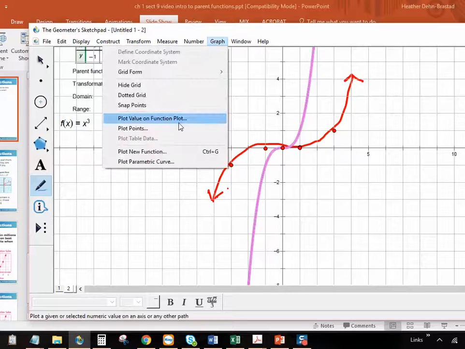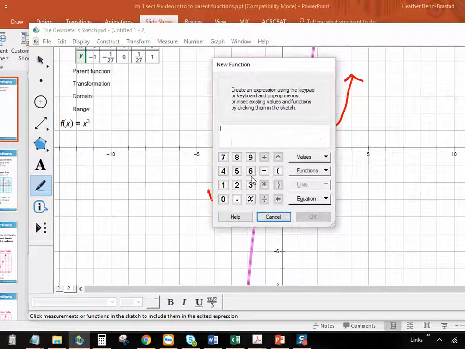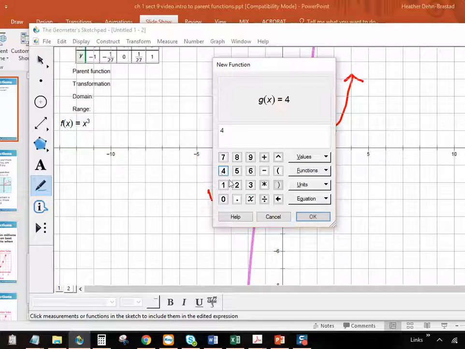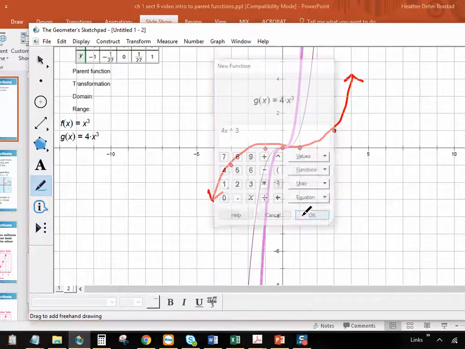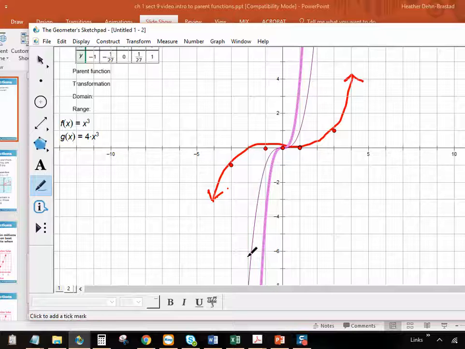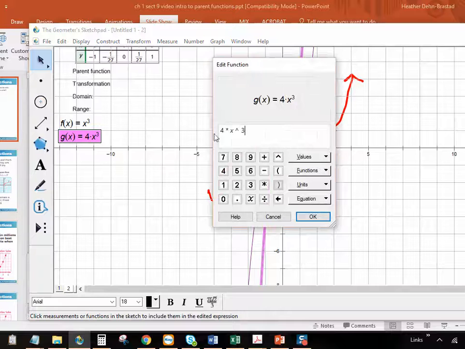Let me see if I can make the one that I hand drew there look like that. What if I multiplied by a number like 4? This is just kind of an experiment. Nope, that made it kind of long. What if I change this? You can click and change it. What if I change it to like 0.4?